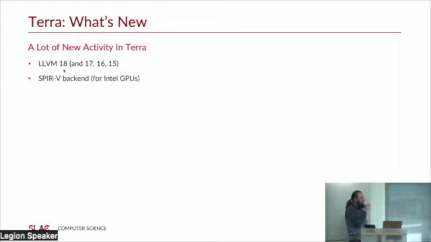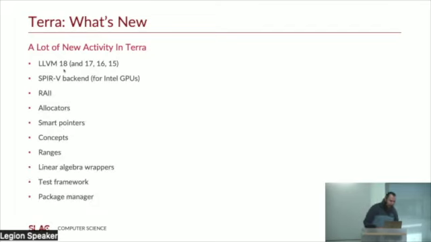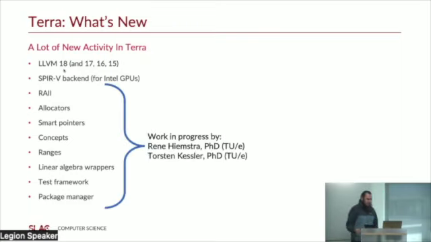And we did get the SPIR-V backend for Intel GPU support, so that was nice. That's one of the key features that we need to extend the GPU support for Regent. And then we've got a whole bunch of other stuff. We have RAII, allocators, smart pointers, concepts, ranges, and other stuff. These are all basically due to 2 guys, Renee and Torsten, who came along of their own accord and started adding a bunch of stuff.